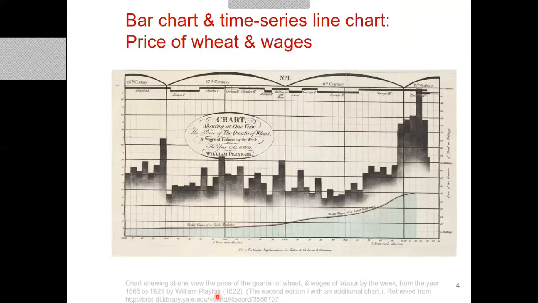And we have here one of his examples. In this one, he showed 3 time series for about 250 years. On top, we can see the reigns of British kings and queens. In the middle, a bar chart for the price of the quarter of wheat. And on the bottom, a line graph of a typical weekly wage for a craftsman.